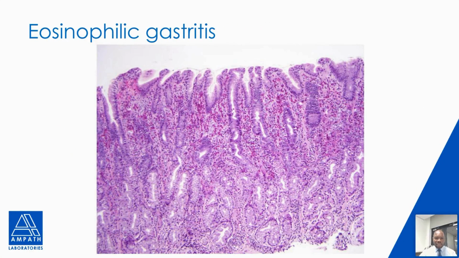So looking at this example, one can see the prominence of the eosinophils. You can appreciate the eosinophils with their appearance there in the background as the possible cause. And there are various numbers that are given for how many eosinophils one should have per high power field. Although there are those definitions, it also remains arbitrary.